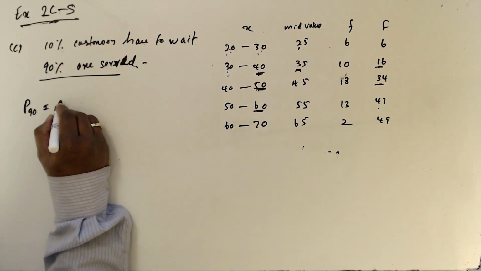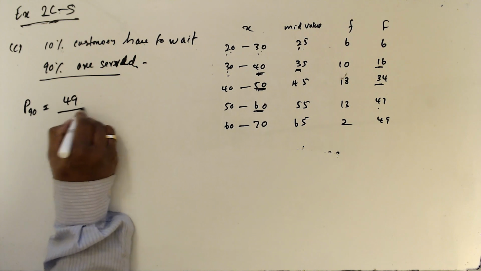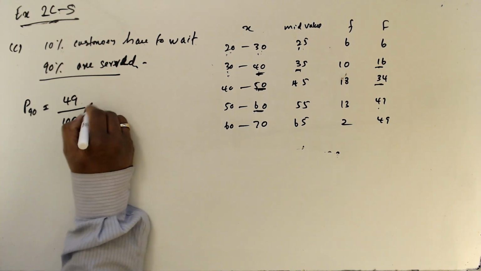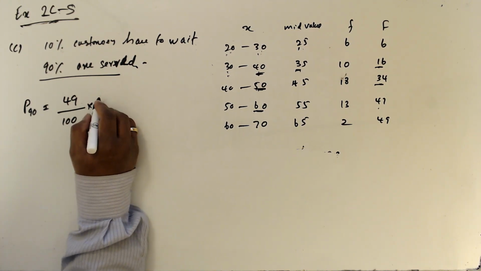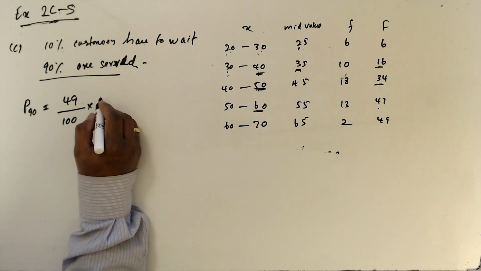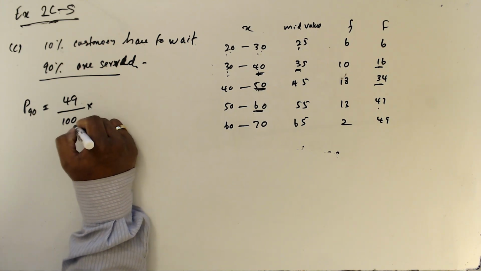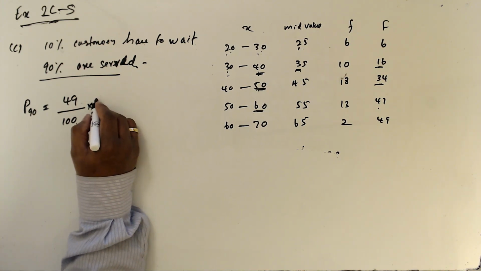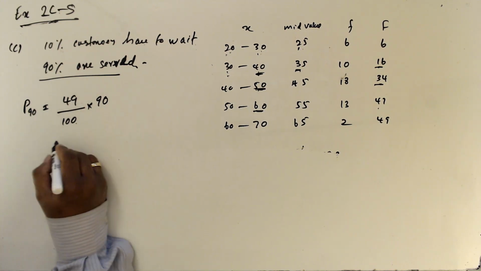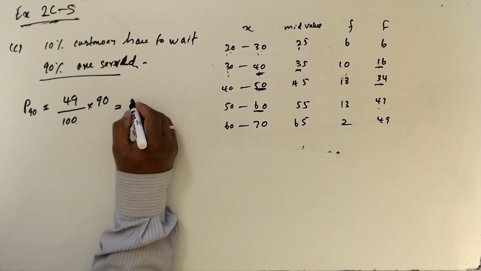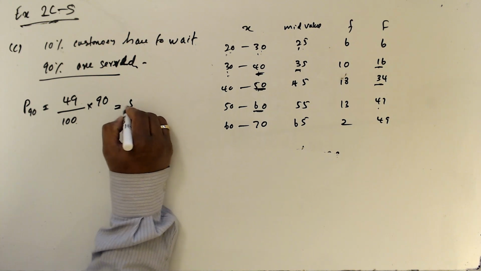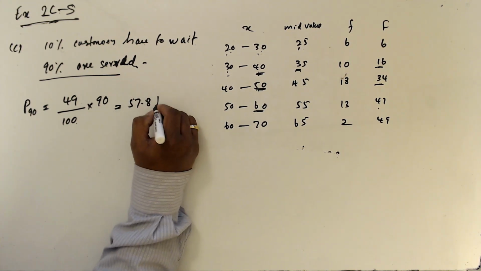The total number of 49 divided by 100 multiplied by 90. So this value has to be the 44.1 term.